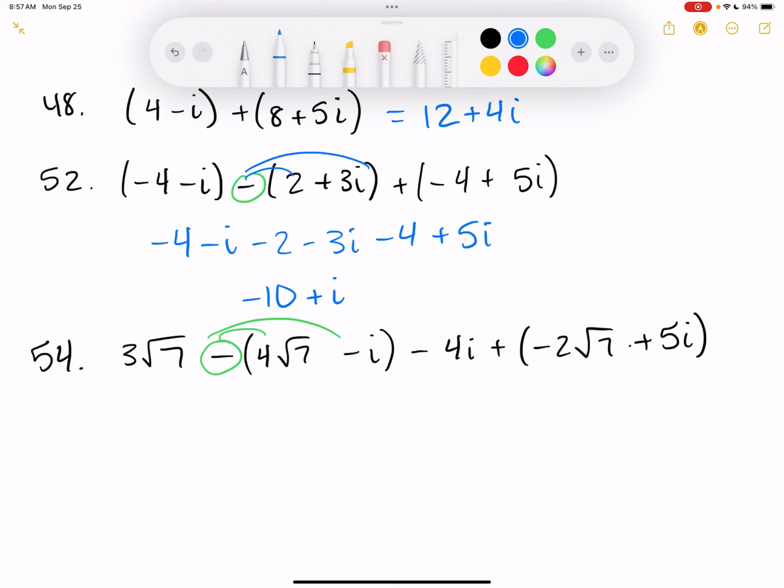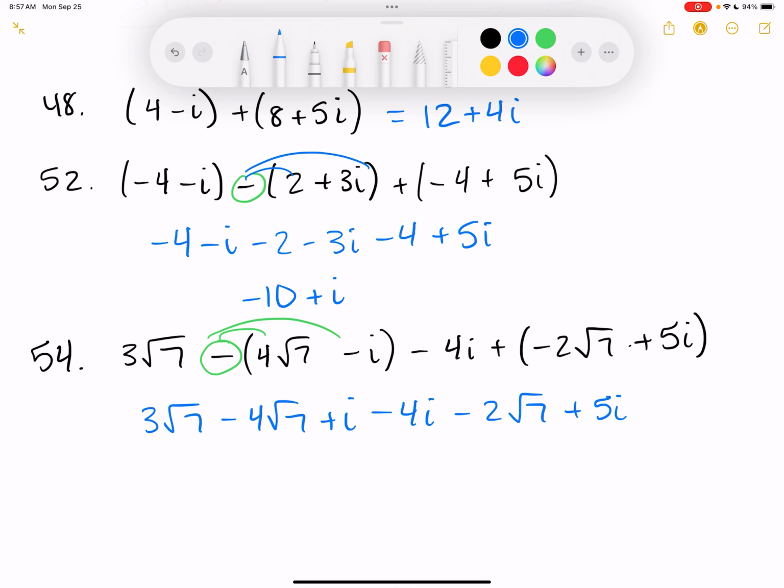So I've got 3 square root of 7 minus 4 square root of 7, and then minus negative i, so that's plus i, minus 4i, and then plus, so that's negative 2 square root of 7, and then plus 5i.